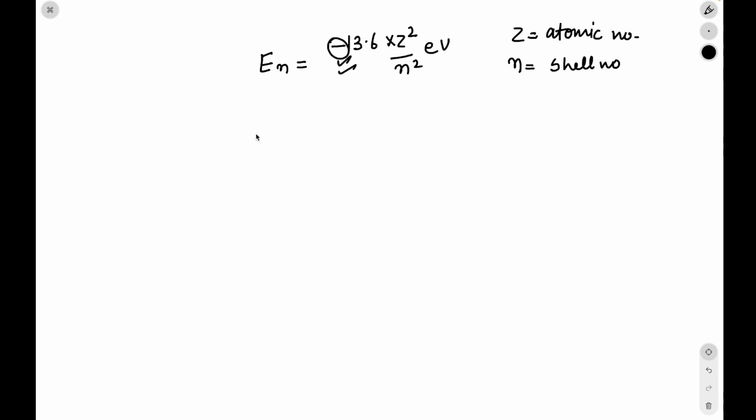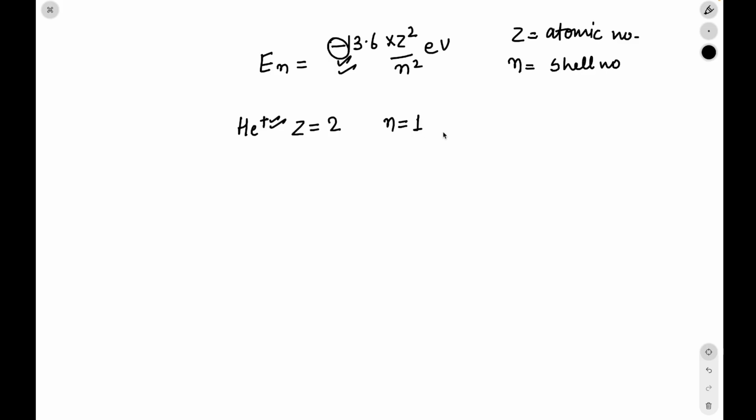For hydrogen-like atoms like helium plus, the atomic number of helium is 2. Because there is a plus charge, it has lost one electron, so only one electron is left, in the first shell of that atom. So the value of n is 1.